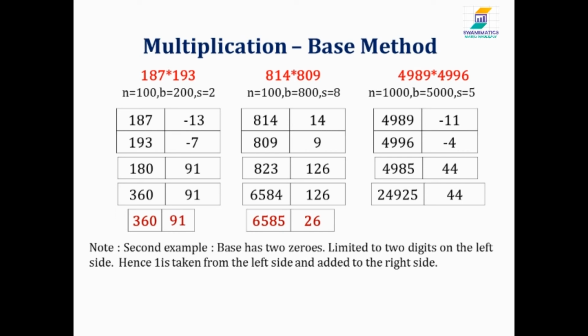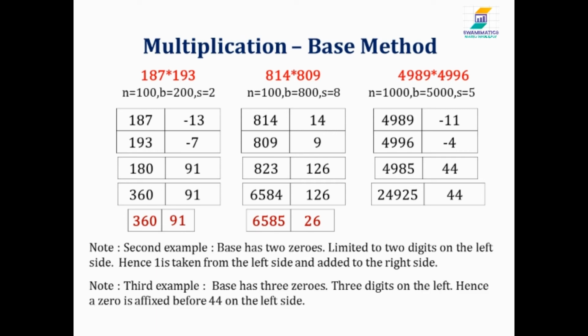So when you multiply 4985 by 5, it becomes 24925. So your answer is 24925,044.